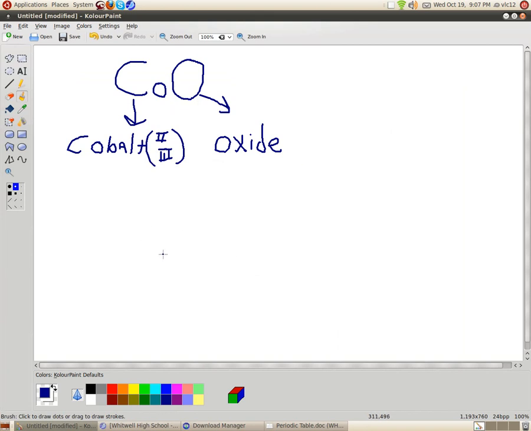Let's look. You've got CoO with a big O. Now let's look. We cannot rely on this metal to tell us the truth. We know it could be plus 2 charge, or it could be plus 3 charge. We can't rely on it to tell us the truth. We do not know instantly which charge is intended to be used here.